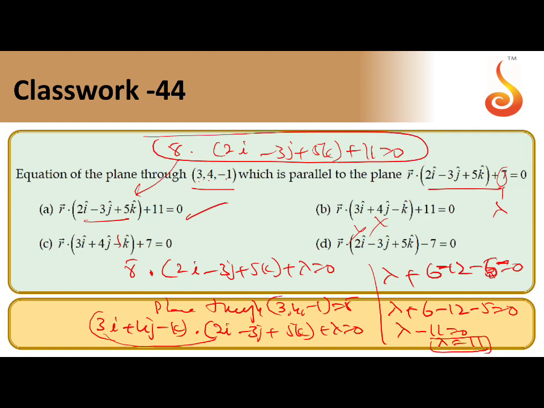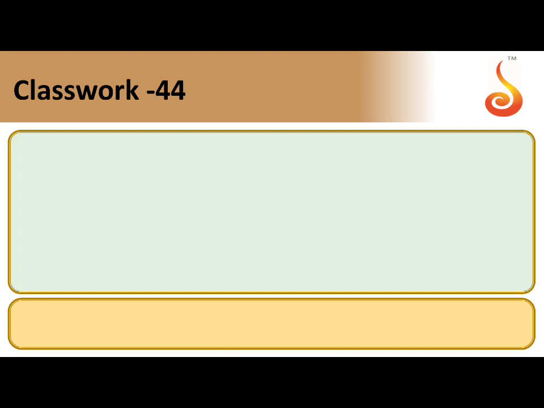So the parallel plane is r dot the same vector, only the constant changes. The plane passes through 3, 4, minus 1, which you take as r bar, 3i plus 4j minus k, and find the dot product to get lambda as 11. Check the answer. Option A is the right answer.